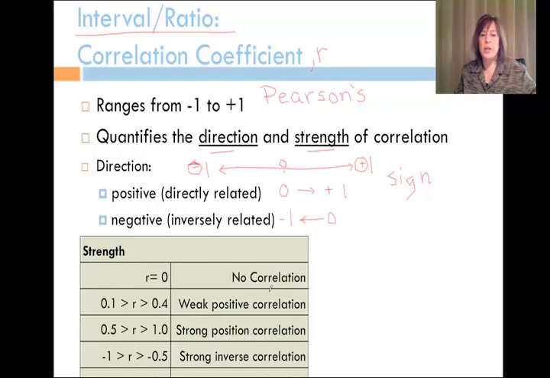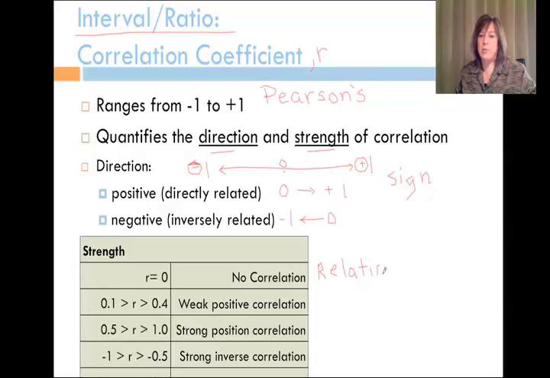And so here's what the numbers would mean. A Pearson's R of 0 means no correlation, no relationship. From 0.1 to about 0.4 is weak. And that's on the positive and on the negative side.